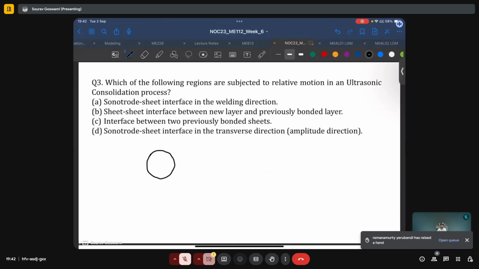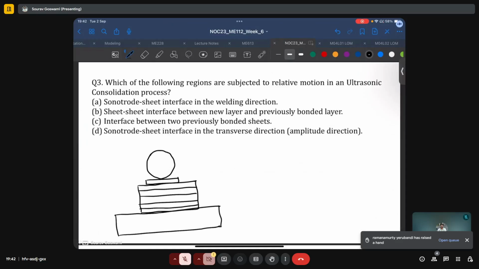This is my sonotrode. This is the material being welded in the current step, and this is the pre-deposited layer. So the pre-deposited part, which will of course consist of multiple layers, and then we will have the build plate of the angle.